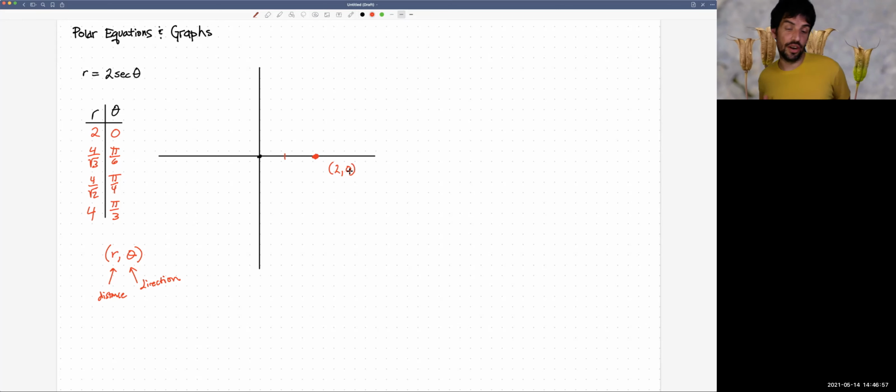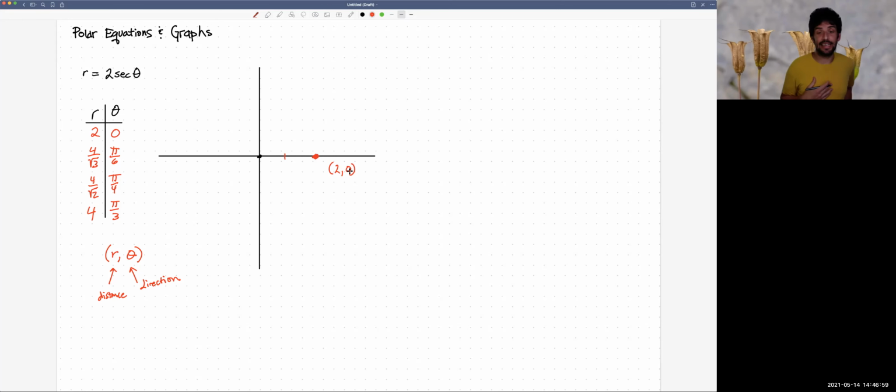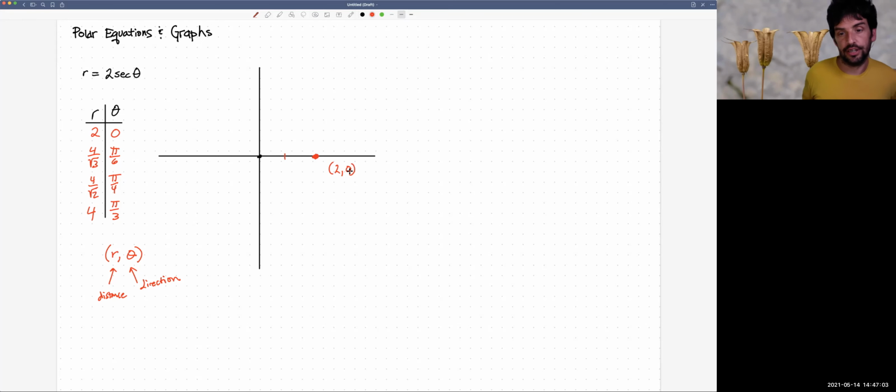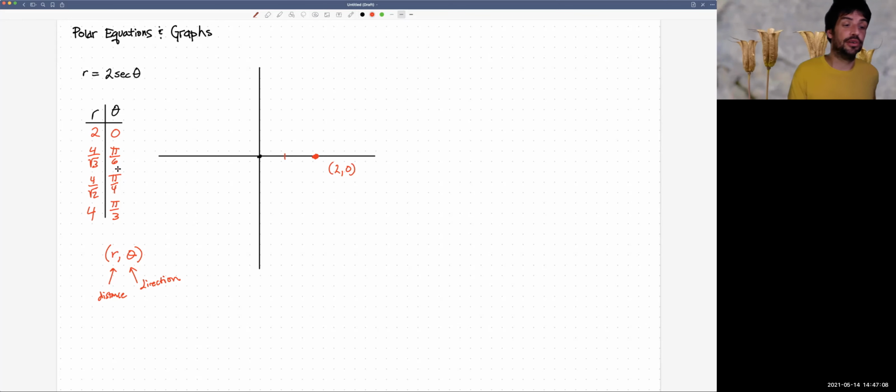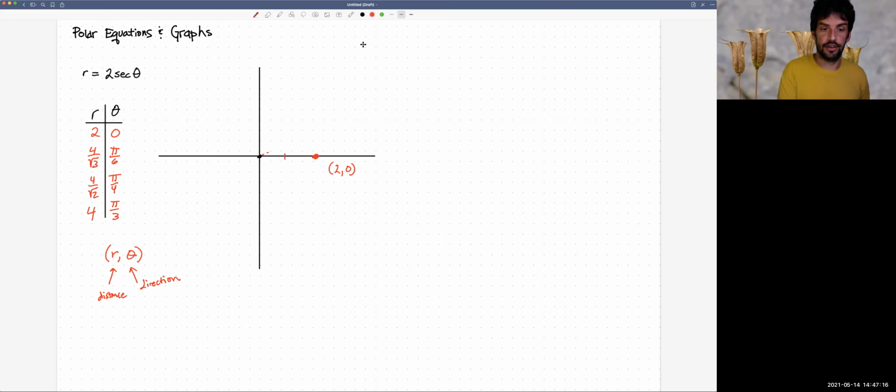Right. This is one of those rare points that has the same position in rectangular and polar coordinates, right? 2, 0 in rectangular coordinates lands you in the same place, but then they'll start to look a little different. So our next point is pi over 6, right?